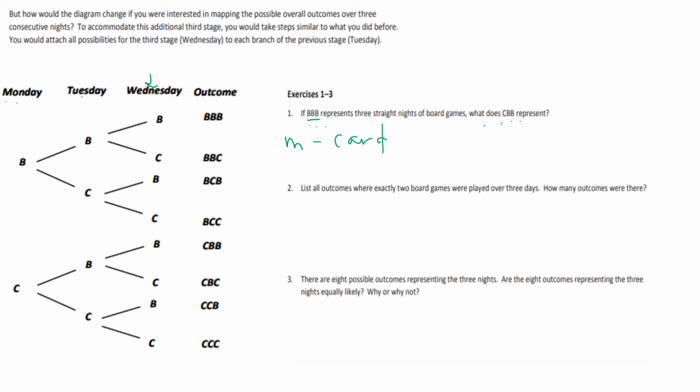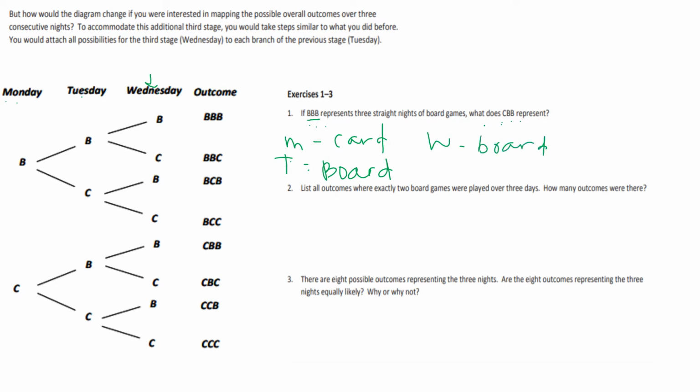The next one is B, that means Tuesday would be a board game. And then the next one is B again, that would mean Wednesday we play a board game.